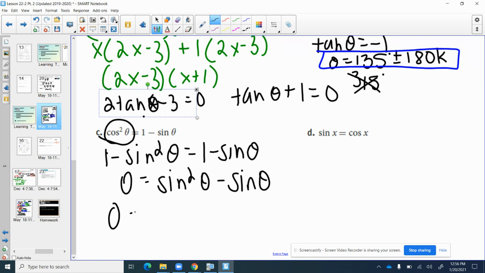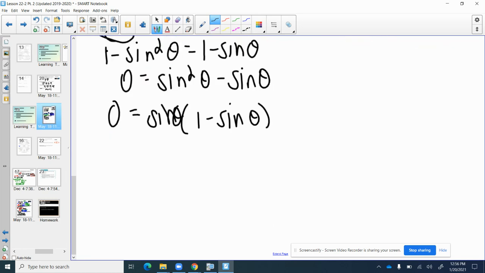Take out that GCF, and we end up with sine factored out, 1 minus sine still left in. And we had sine is equal to 0 or 1.